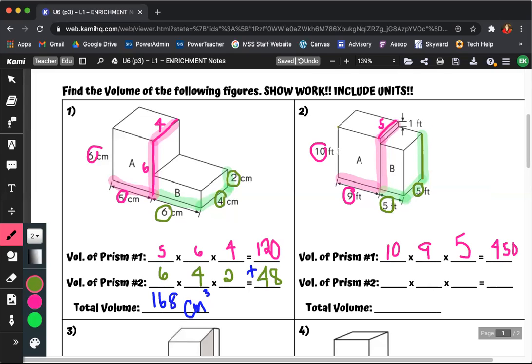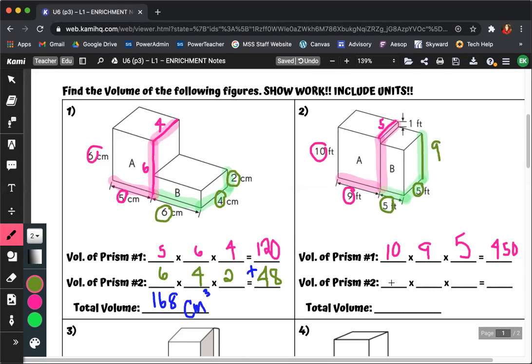So I look over here, but where you've got to be careful is this height is actually higher because it has this little measure right here. So the whole entire height is 10, but we need to take away this 1, which is going to tell us that the height of the smaller prism B is just 9, because 10 minus 1 is 9.